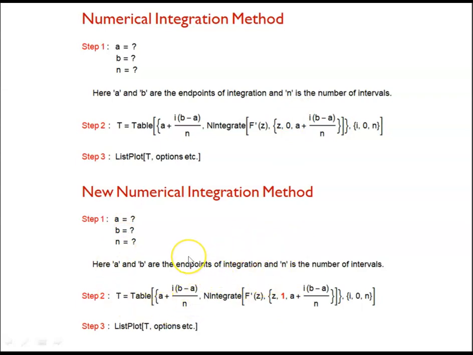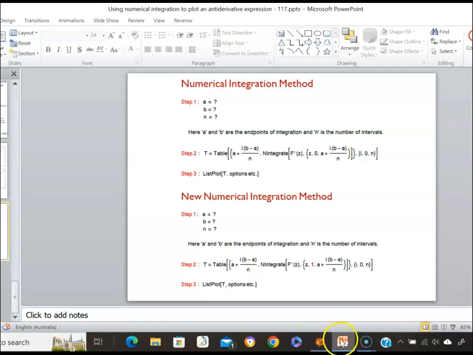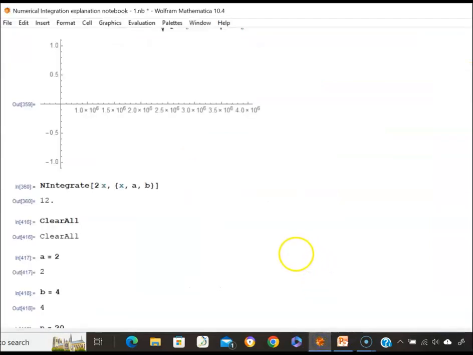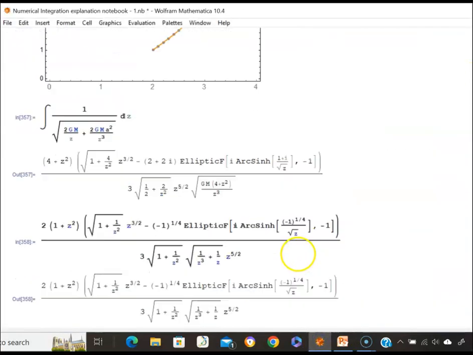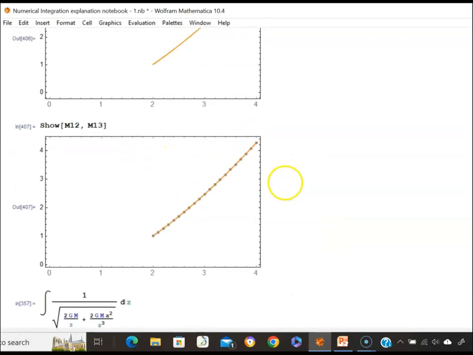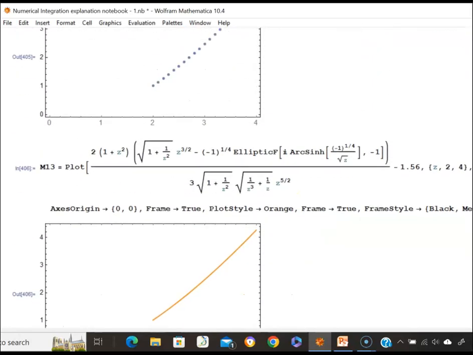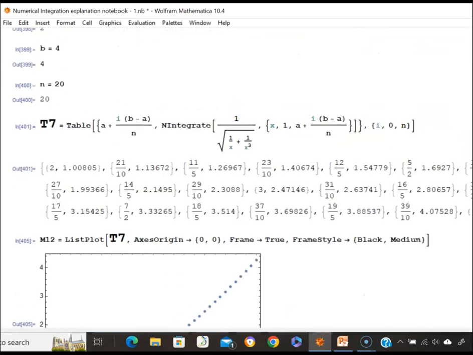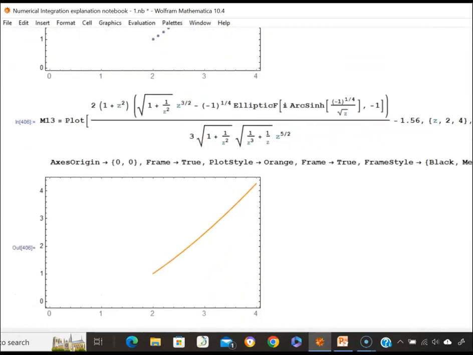It turns out there is a symbolic closed analytic form, this one, and I was able to plot it, but it is quite complex. There's this complex number in here. So I was able to plot that and produce this.